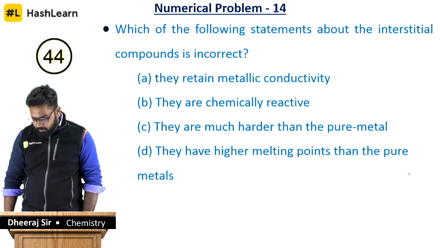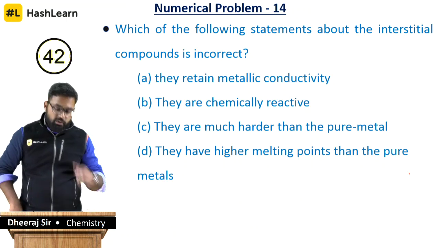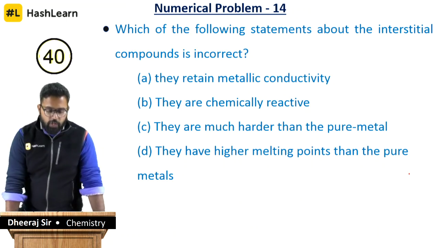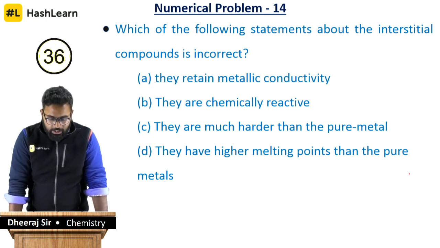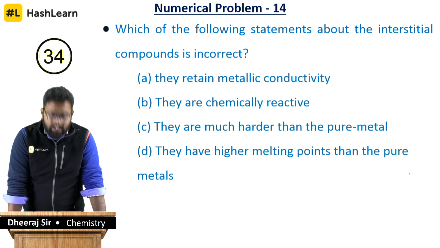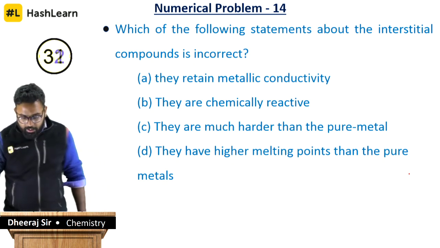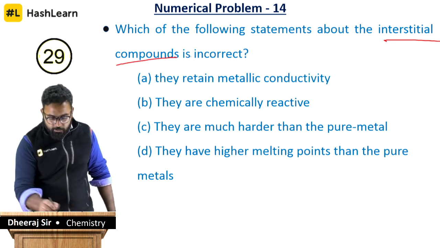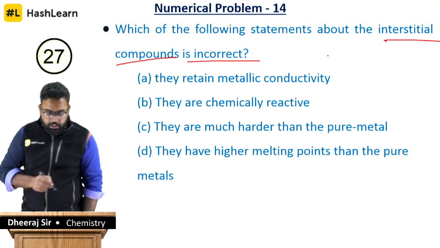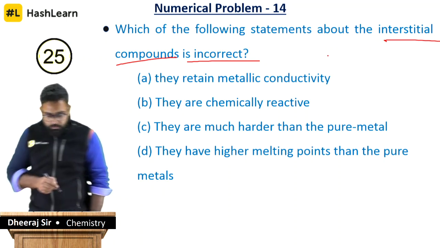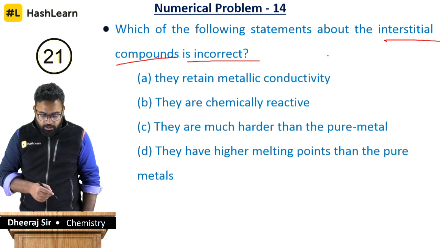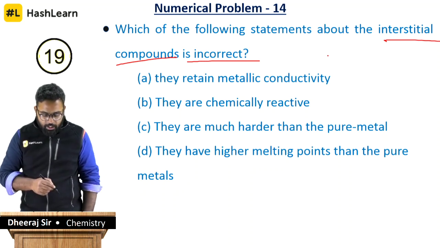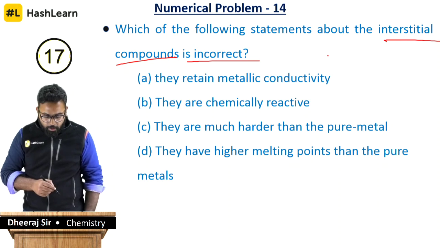Moving ahead to the 14th question, and I must say the last question, so have a detailed look at it. Which of the following statements about the interstitial compounds is incorrect? So we are worrying about interstitial compounds, and we are telling it is incorrect. They retain metallic conductivity, they are chemically reactive, they are much harder than the pure metal, they have higher melting points than the pure metal.